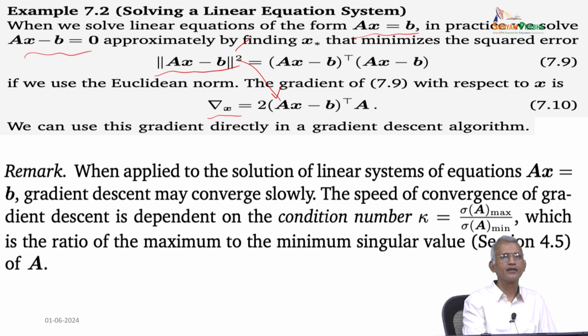Next note. When we apply gradient descent to the linear system of equations Ax equal to b, it may converge slowly.